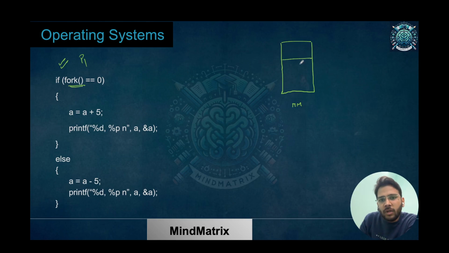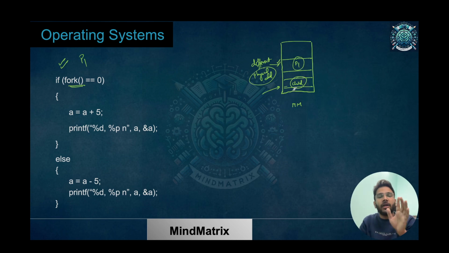So P1 will be there in the main memory and P2, or we can say the child process, will be there as well in the main memory. This is having different physical address. So physical address of both parent and child are different when we talk about storing in the main memory.